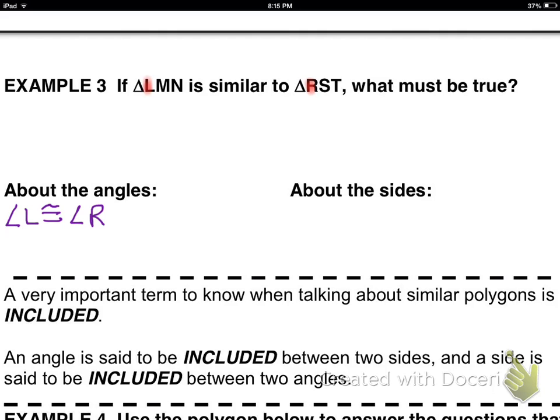L and R fall at the first place of the list of letters, therefore they correspond, and therefore they are congruent. Notice angle M and angle S are in the same position, and also N and T. So angle M is congruent to angle S, angle N is congruent to angle T, because the letters represent the angles of the triangle.